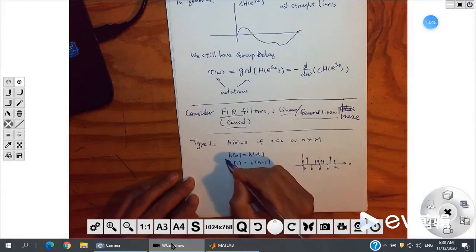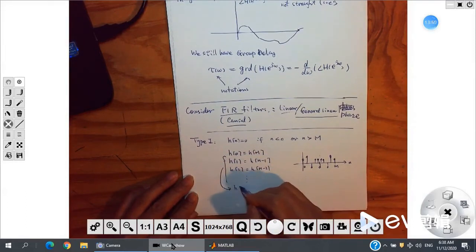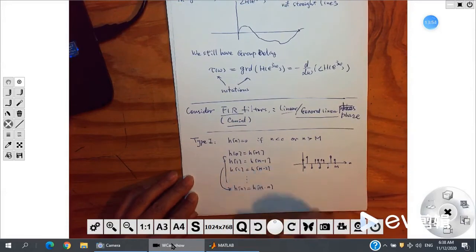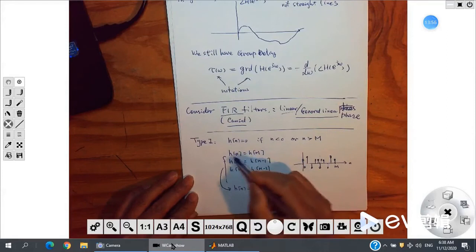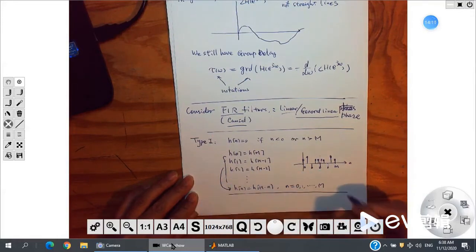We can write all of this in a uniform way: h of n equals h of M minus n, where n is a value between 0 and M. So this is type 1.